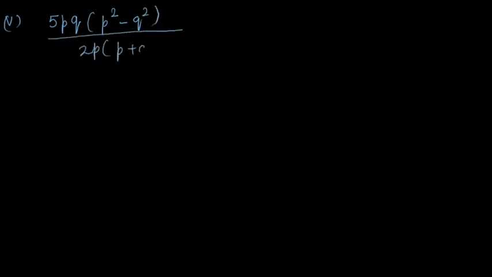Fifth part of the same question, which is 5pq to be divided by p square minus q square upon 2p into p plus q. Now this is very interesting. In the numerator, it is in the form of the third algebraic identity, a square minus b square, which gives me a plus b into a minus b.